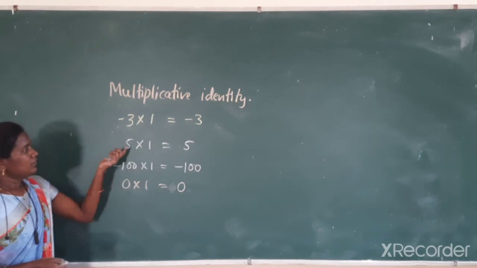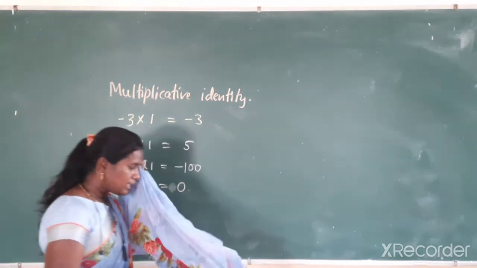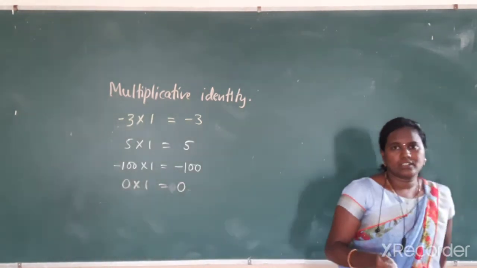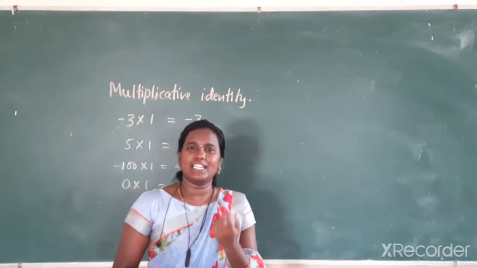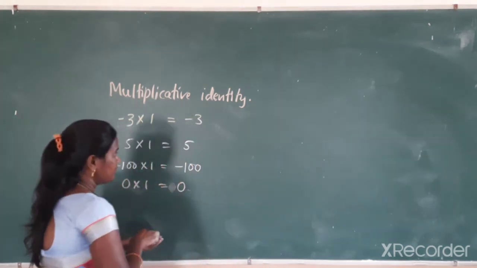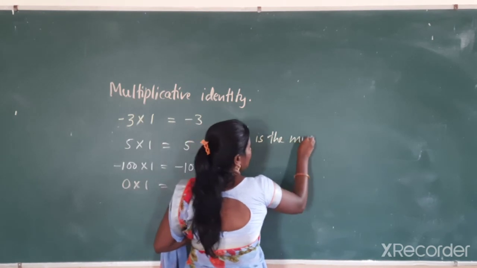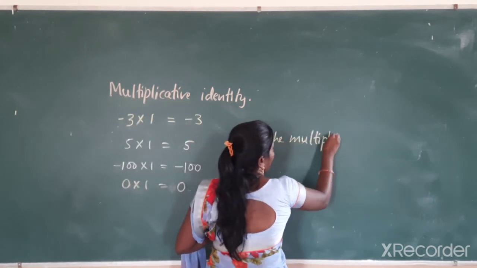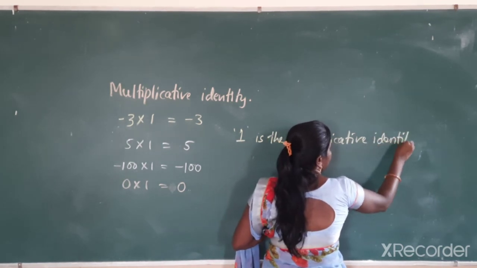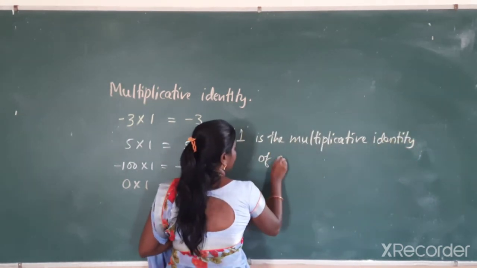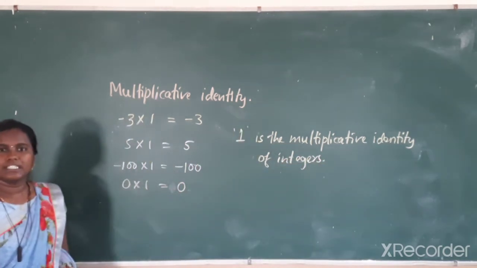So here when you multiply any integer with 1, the product again you are going to get is the same integer. Therefore, 1 is called the multiplicative identity for integers.